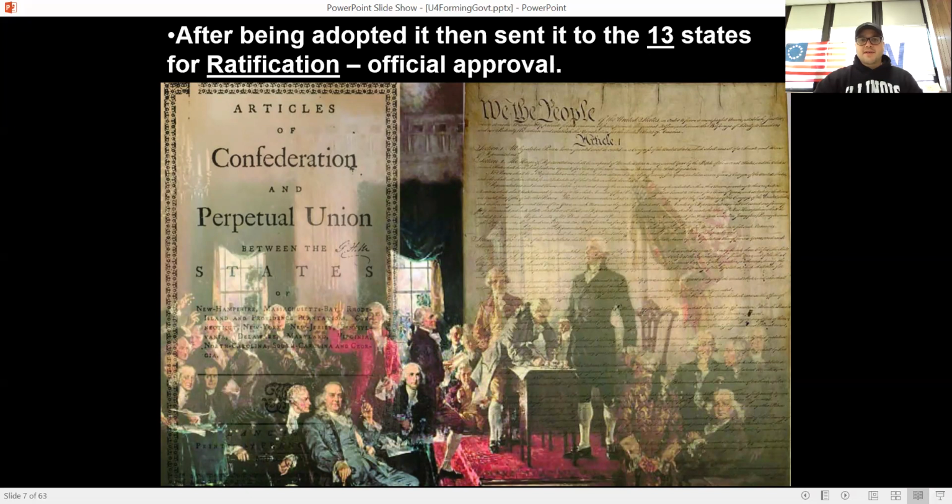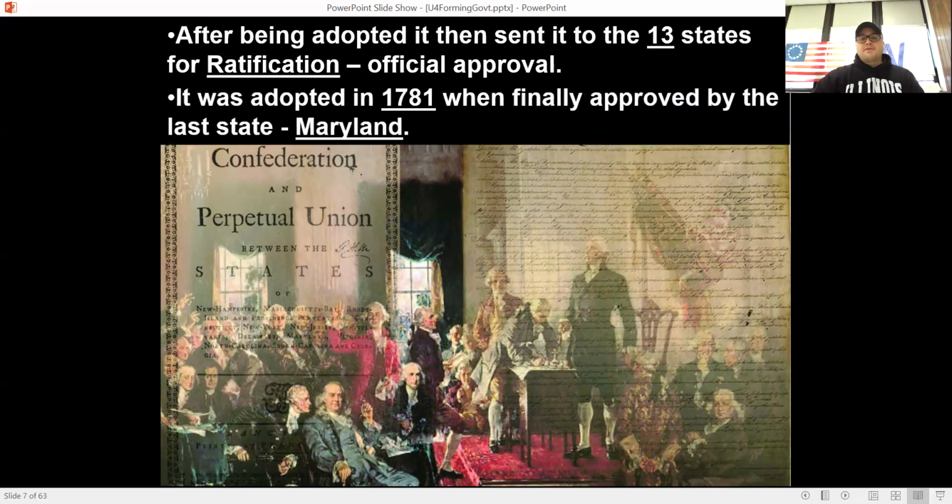Even though this is all taking place during the American Revolution, it doesn't actually get ratified until much later. The main reason is that Maryland is extremely upset with how things are going. It's not until 1781 that all 13 states agree to use the Articles of Confederation to govern the United States.